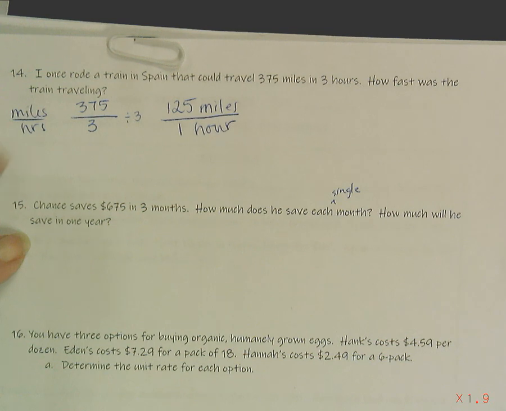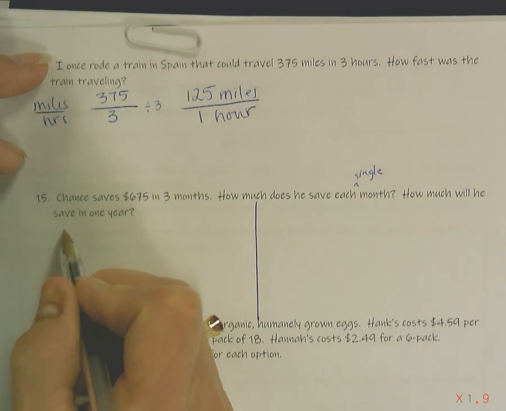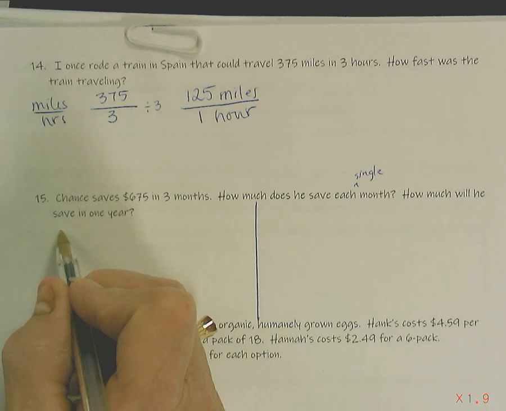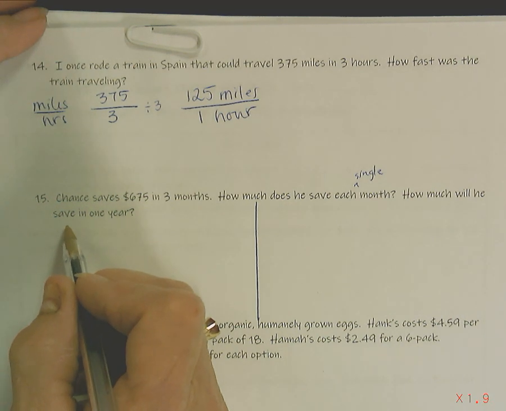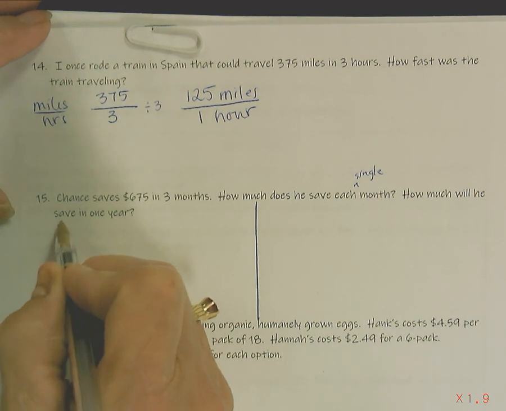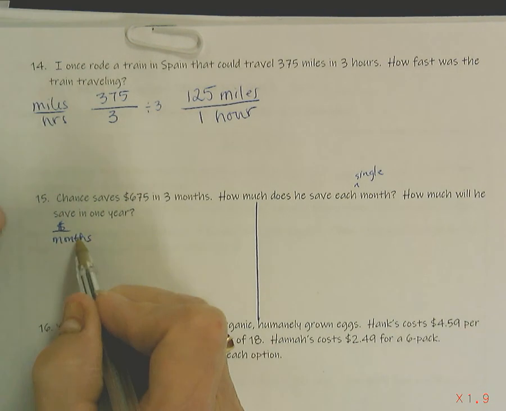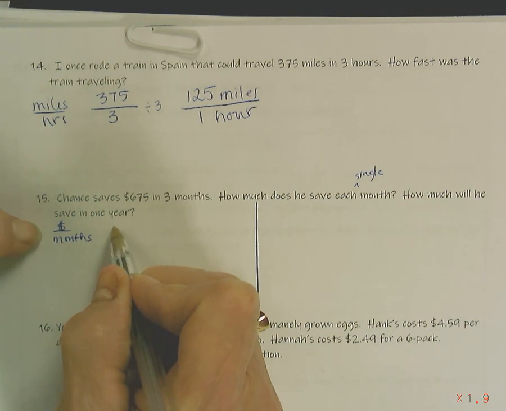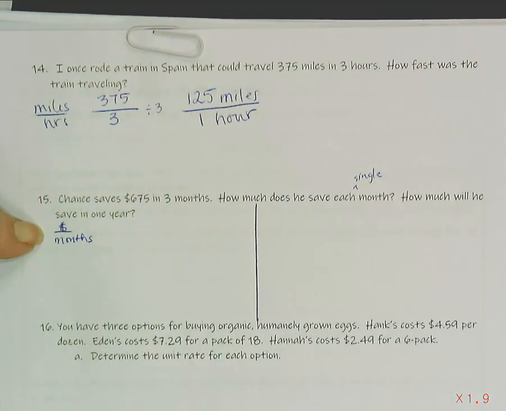Okay? So what's my word fraction? Months over year. No, read it carefully again. Read it out loud for me. Money over months. Exactly. And what numbers do I write down? 675.